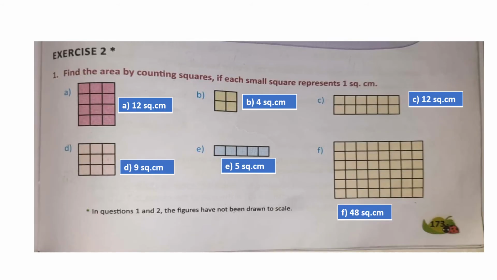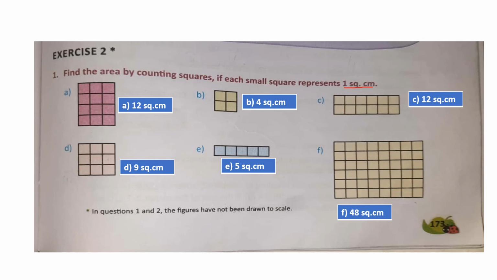Next exercise: we have to find the area by counting squares, as area means the space occupied by an object. So the space occupied by this rectangle or square, we will count. One small square represents 1 square centimeter.